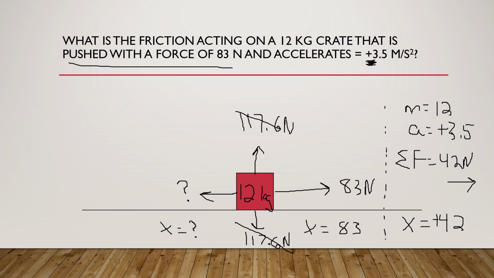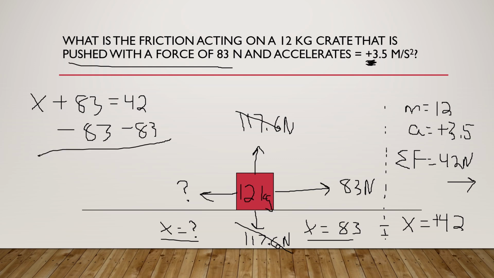So what we're going to do is write this into an equation. Remember, adding the individual vectors has to equal the 42. So I have x plus 83 equals 42. All right? So to get x by itself, I'm going to minus 83 from both sides.